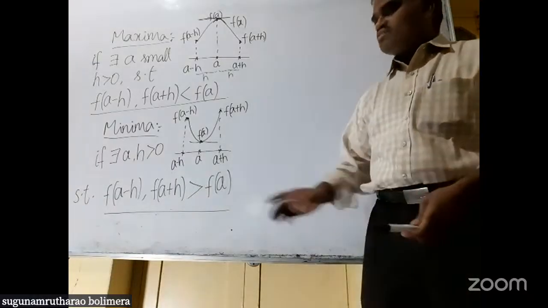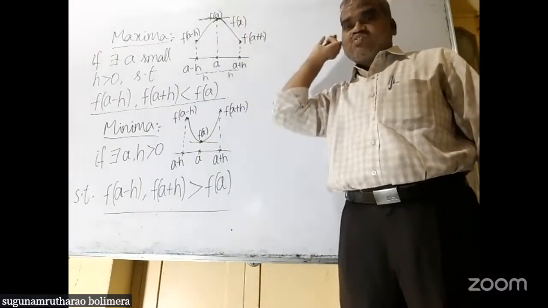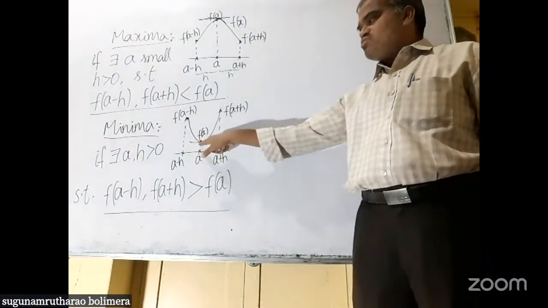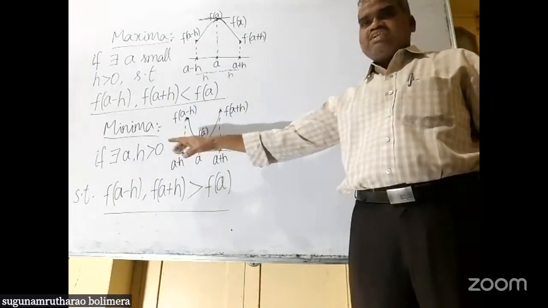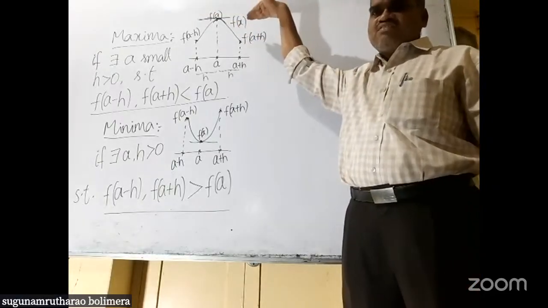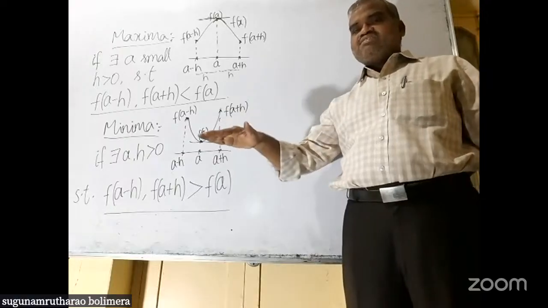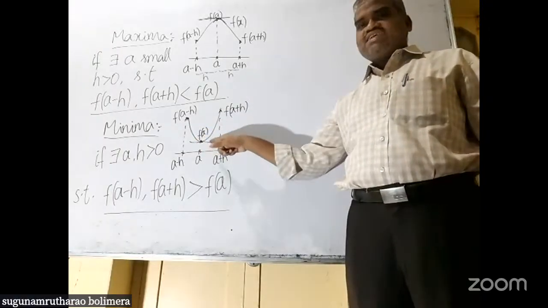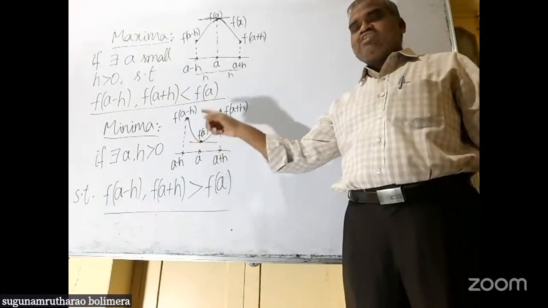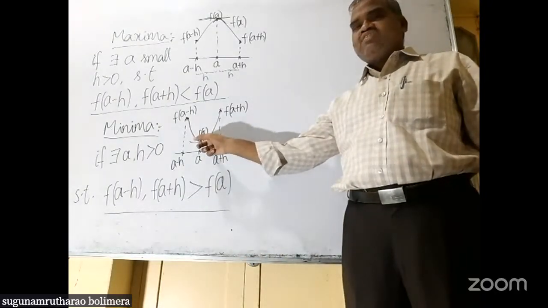So we are having a minimum here and a maximum there. Why have I drawn this horizontal line? It is strictly horizontal here, and there also it is strictly horizontal. At the turning point, if you draw a straight line, it is parallel to the x-axis. That straight line touches the curve at that point only, at the function value f of a only.